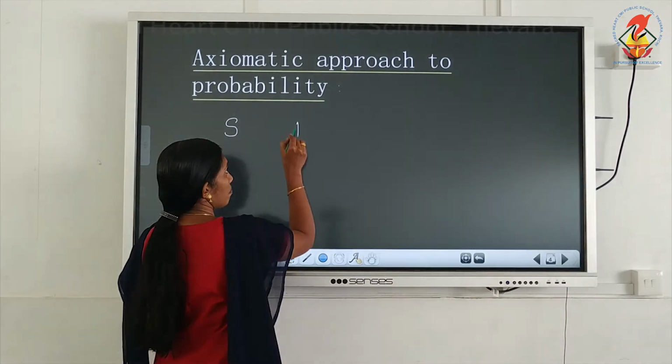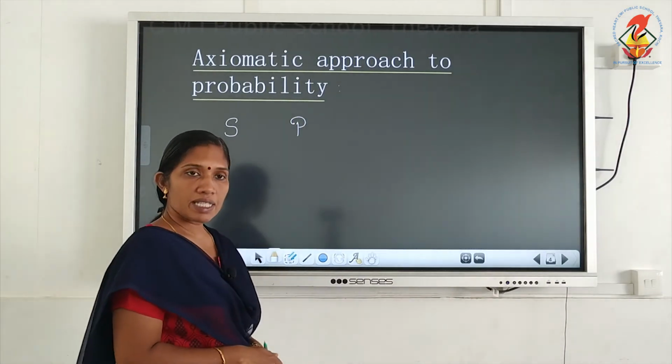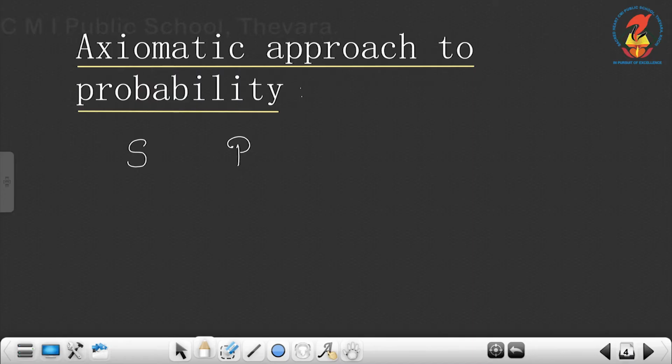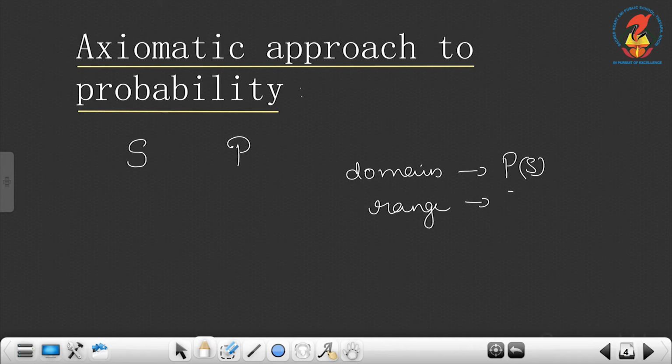Then this P, capital P, is a real valued function whose domain is the power set of S. Domain is the power set of S, and range is the closed interval 0, 1.